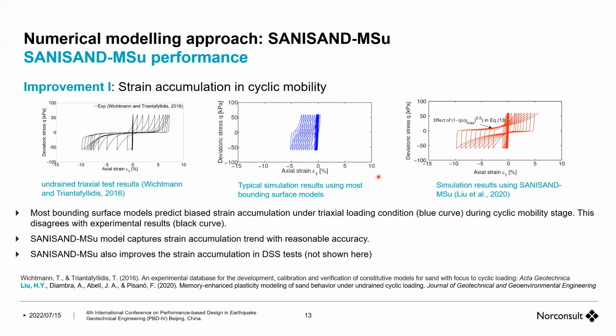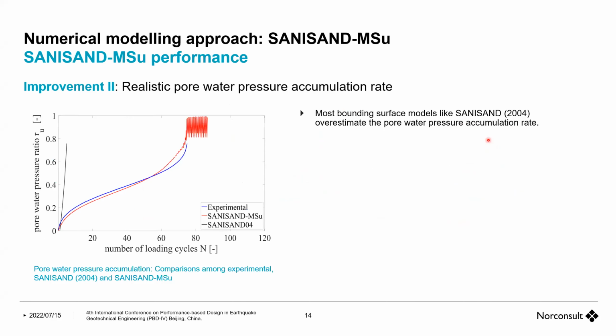In most existing bounding surface models, the accumulation is basically symmetrical, whereas it is unsymmetrical in the experiments. So the model that I'm talking about, with the memory surface, is able to capture this feature more accurately.